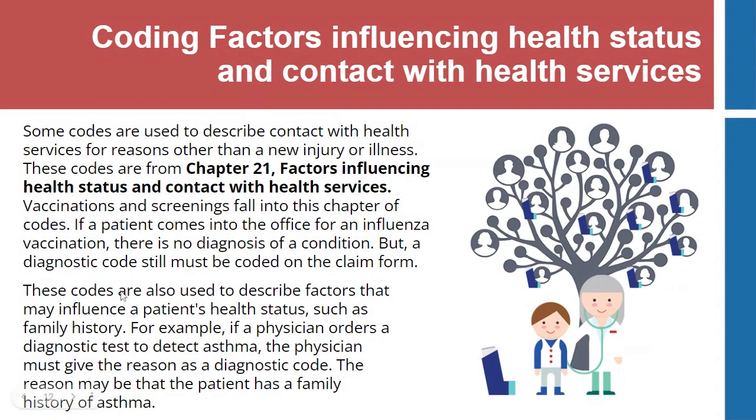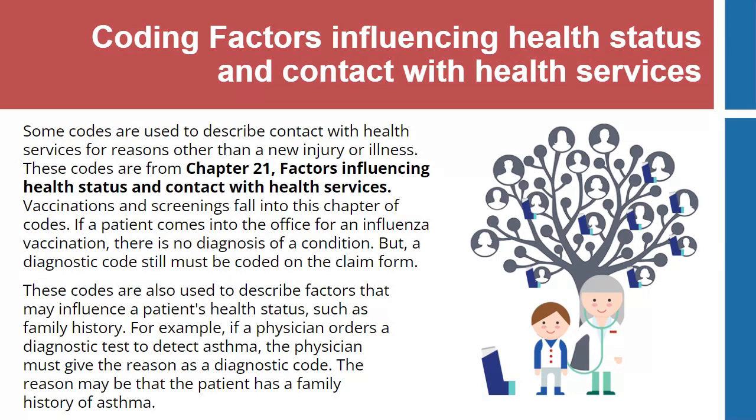These codes are used to describe factors that may influence a patient's health status, such as family history. That is one. When I worked in cardiology, and I still work in cardiology as needed, we got a lot of patients who only came in because they have a family history of heart attack or heart disease. That is also a diagnosis.